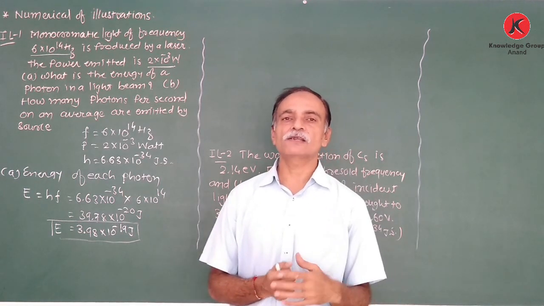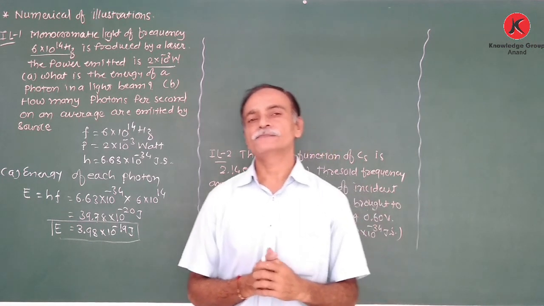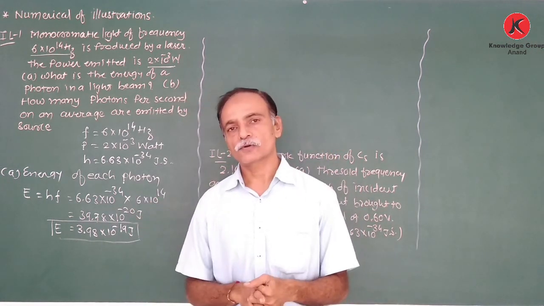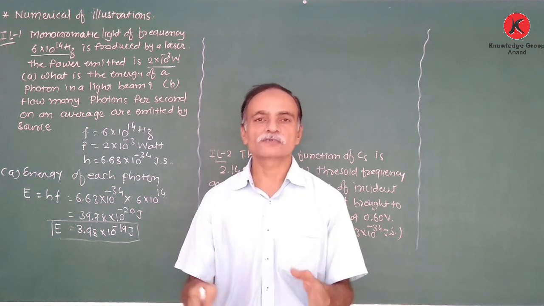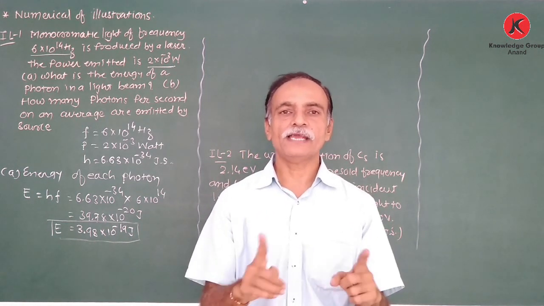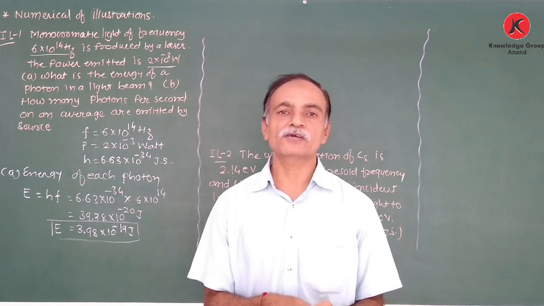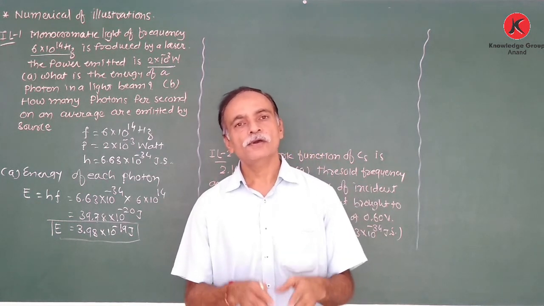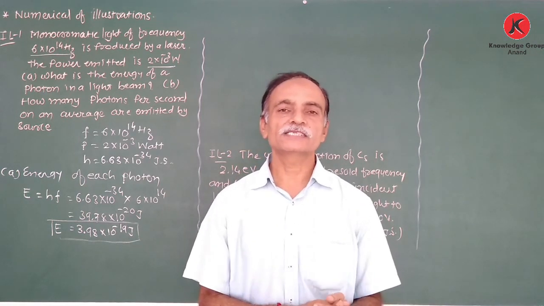Power P is equal to total energy upon time. Here we found the energy of one photon. We assume that N photons are emitted per second. Therefore, power P is equal to N into the energy of one photon.